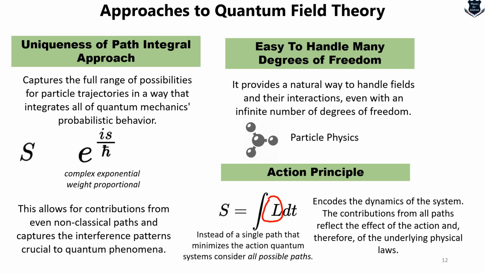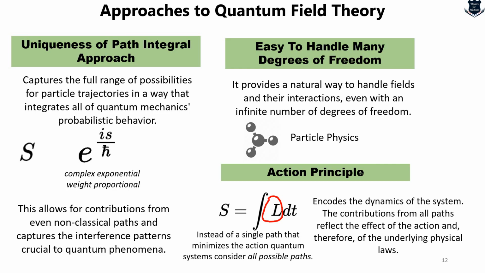Path integrals do not rely on the operator formalism, which you have seen in canonical quantization. The focus is on integrating all possible paths weighted by the complex exponential, and this approach does not require explicitly defining position and momentum operators, which was required in classical quantum mechanics or canonical quantization.